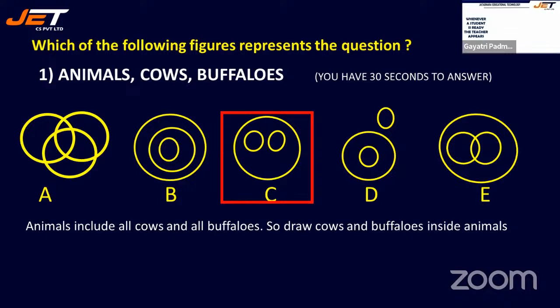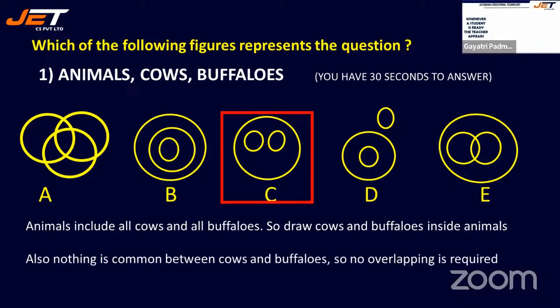Okay. So animals you have that is being represented, right? And that is being represented as a circle. So you can draw the cows and buffaloes inside. Also, nothing is common between cows and buffaloes. So there is no overlapping required.